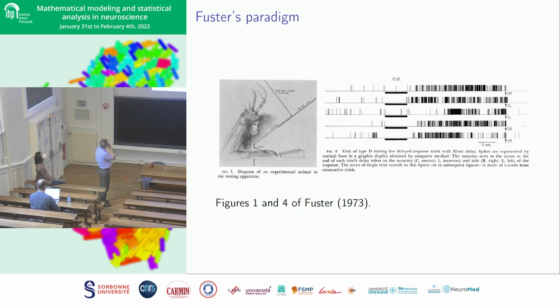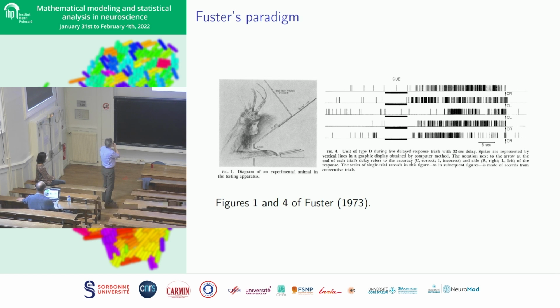And for variable delay, it has to wait and to remember in which of the two boxes the reward was. After a delay, in that case it's a bit more than 30 seconds, the blind is removed, and then the monkey is allowed to put its hand in this region and to open one of the boxes. And if it gets the right box, it has the right to get the reward.